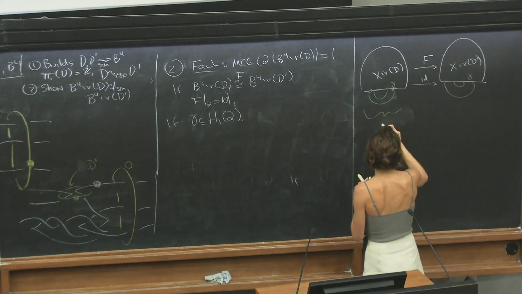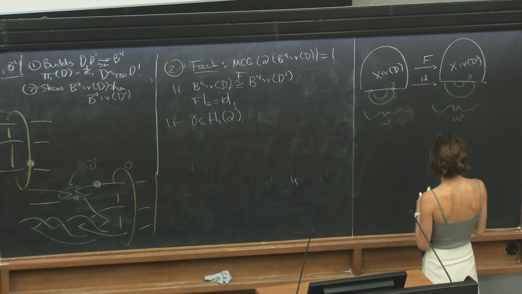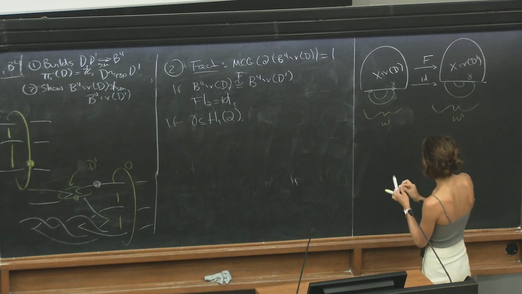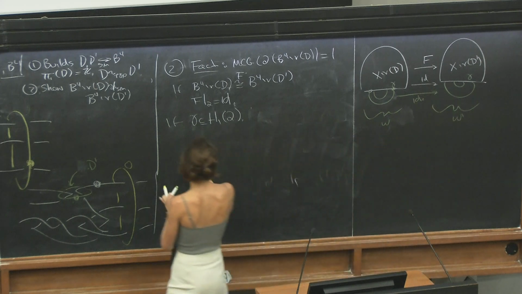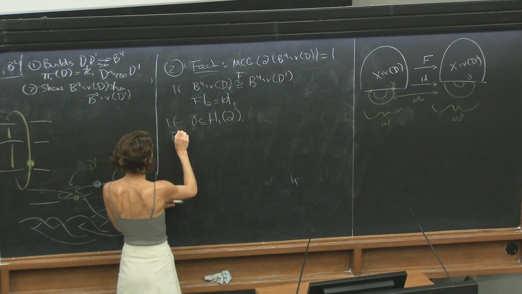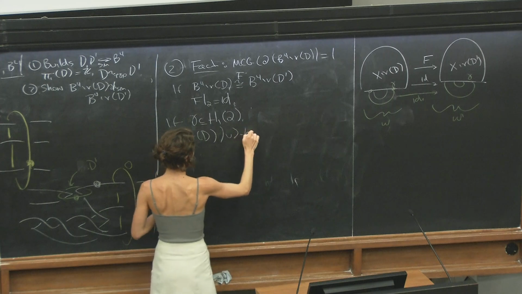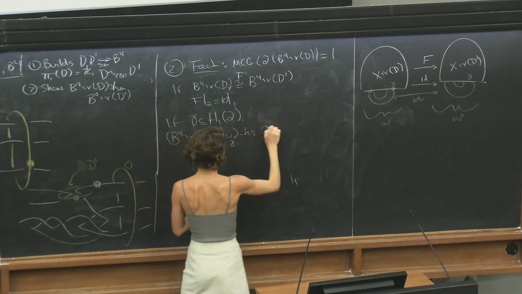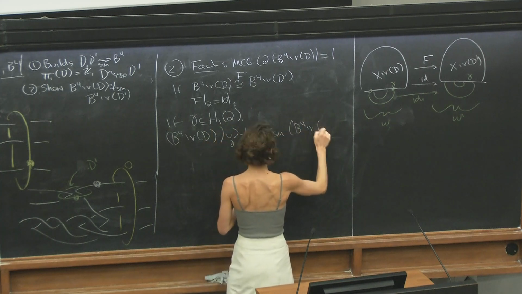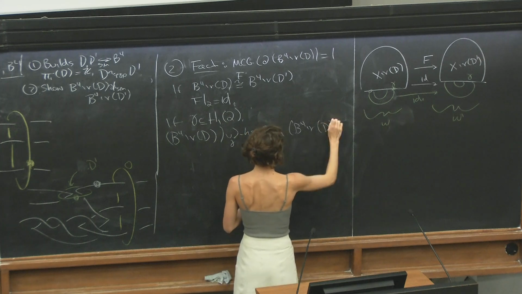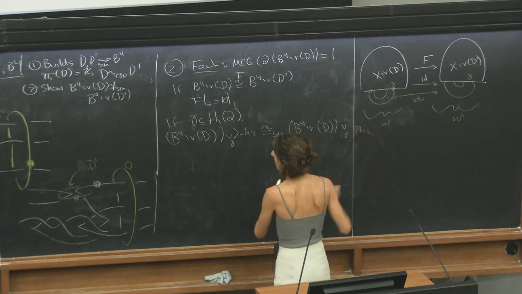Let's say this is W and this is W prime. And these would be diffeomorphic because I can just use the identity map on the handles. Okay.